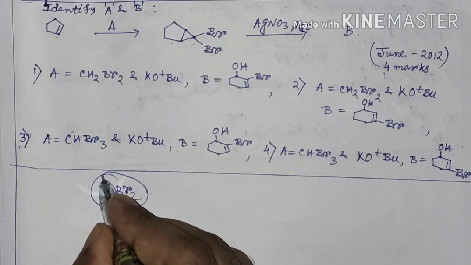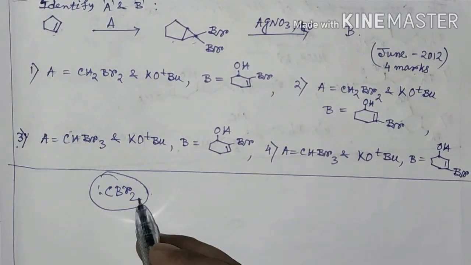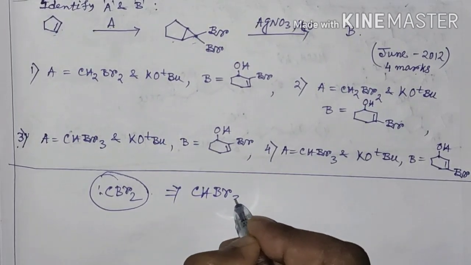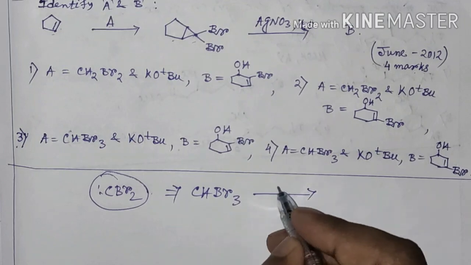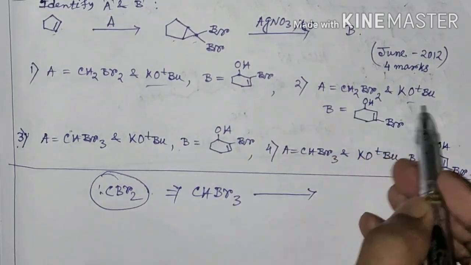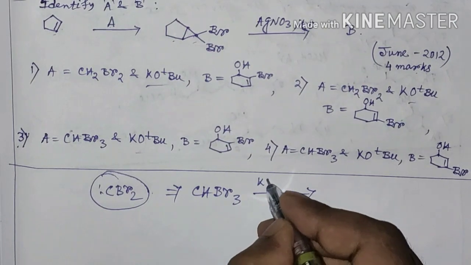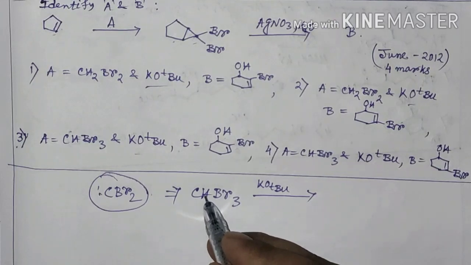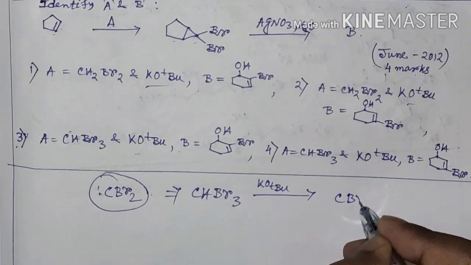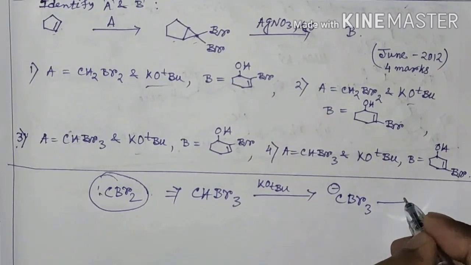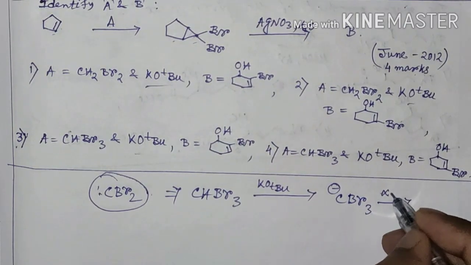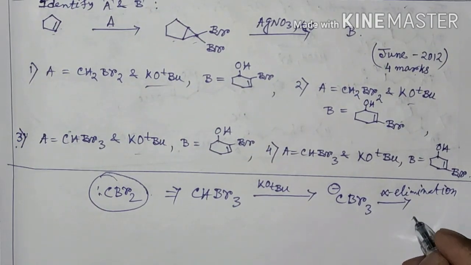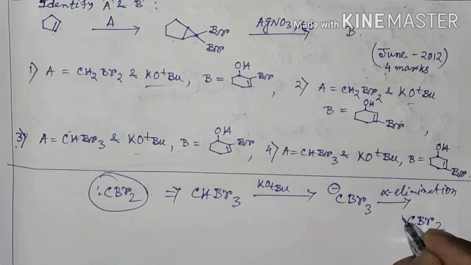And this carbene species can be generated by alpha elimination of CHBr3 if it is treated with a base, as here we can see that the base is potassium tertiary butoxide. That is, in the first step it will abstract an acidic proton and will form this anion, and after alpha elimination of one bromide will generate this carbene species.